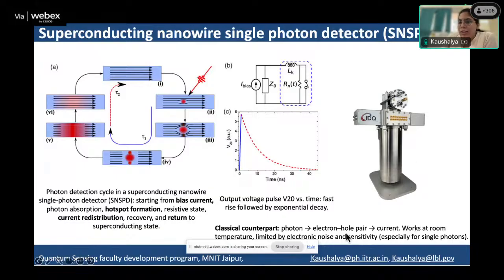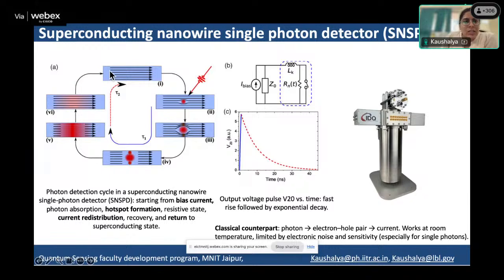So you cannot use classical conventional photodiodes to detect single photons, because even the noise level is so high that you are not sensitive to single photons. So that's when we need these sophisticated superconducting nanowire single photon detectors.